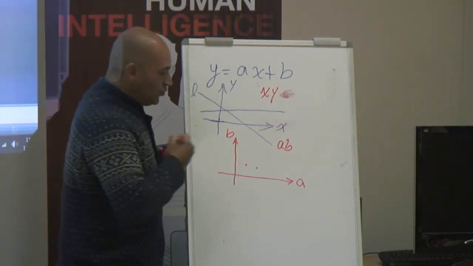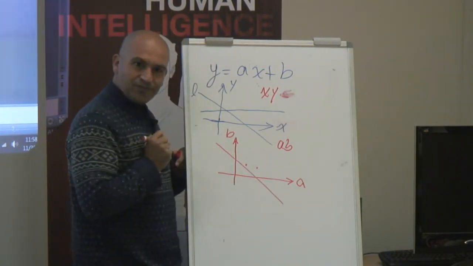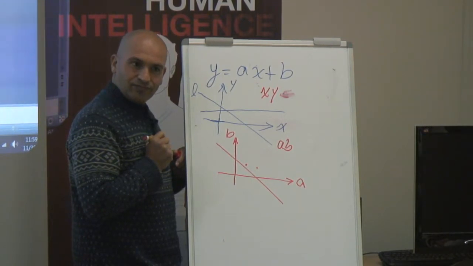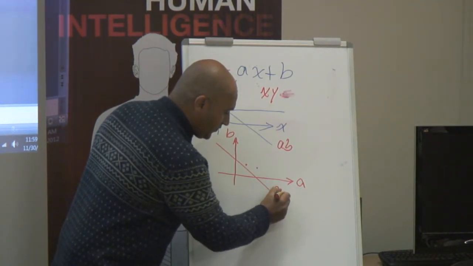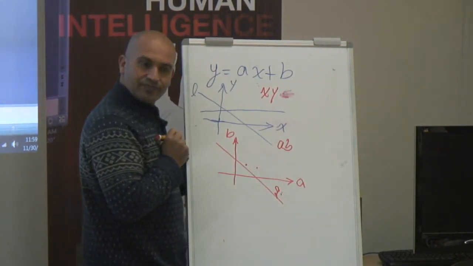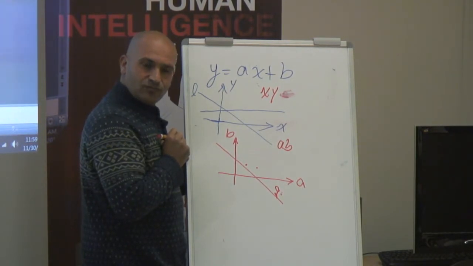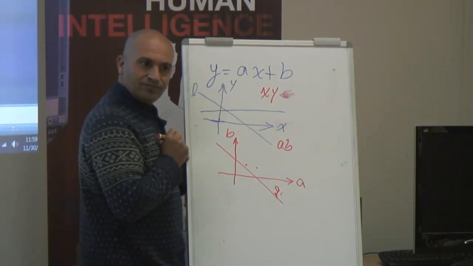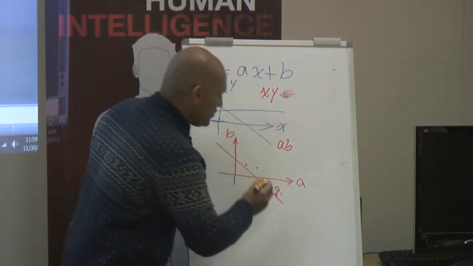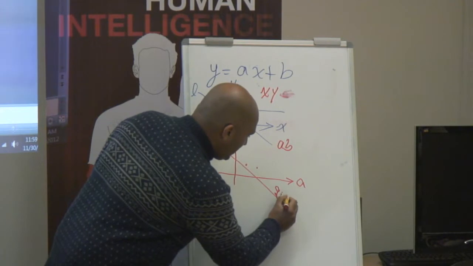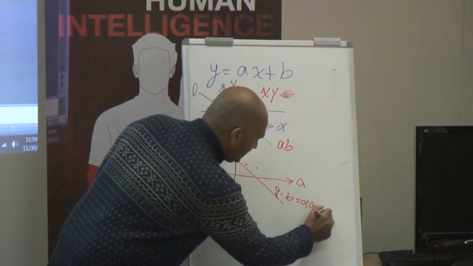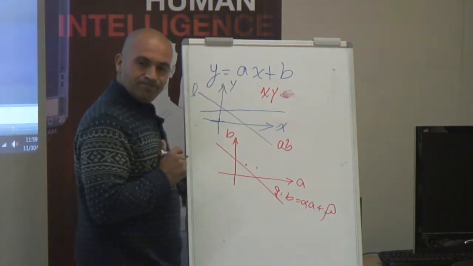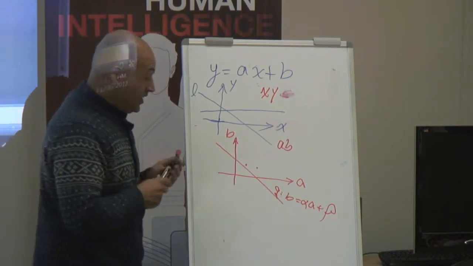What is the equation of this line? Let us call it Q. In general, it will be B equals alpha A plus beta, which is just a naming convention.